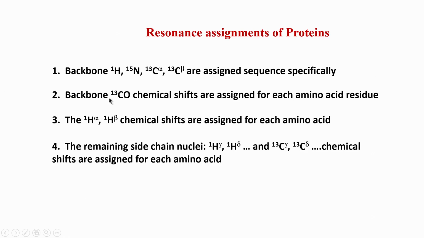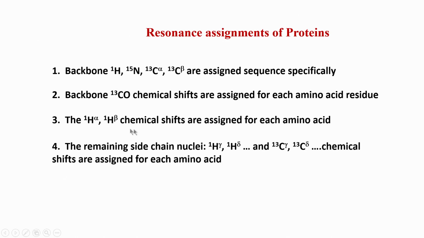So, once this is accomplished, then we go to the side chains. For side chains, we need to first identify the backbone H alpha and the side chain H beta chemical shift of each amino acid. So, this step is important because this is our entrance into the side chain. So, up to here the first two only concern the backbone chemical shifts, but now we are entering the side chains.